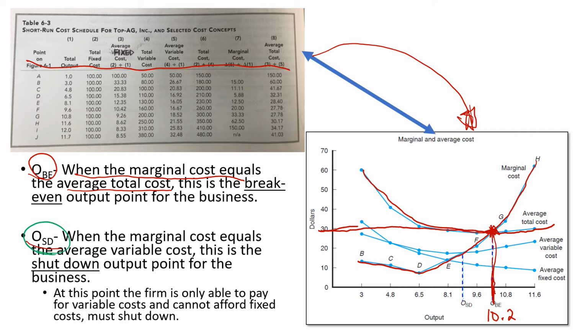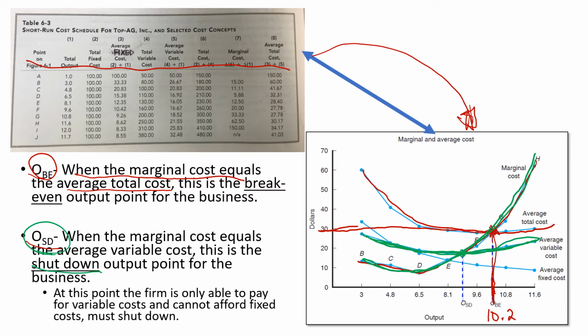The shutdown point, so SD, shutdown point, occurs, so a business should consider closing their doors and shutting down and stopping to produce their product, at a point where the average variable cost, so this is the average variable cost curve, this green one here, is equal to the marginal cost.